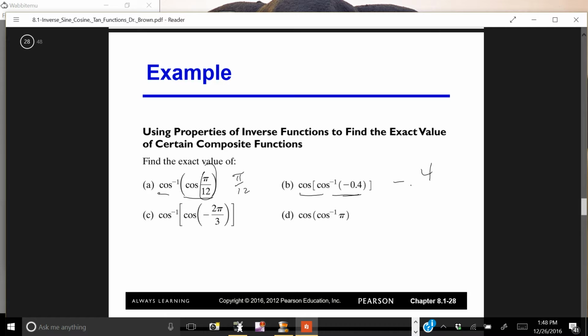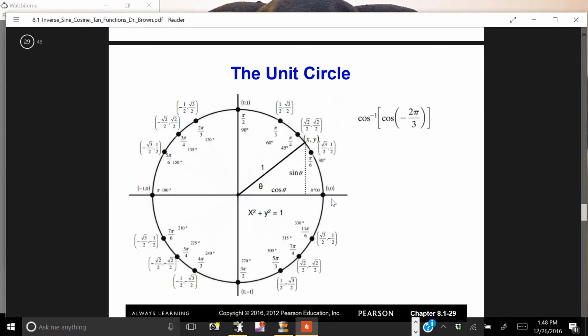But notice that for number C, the angle is not between 0 and pi, but we need to find an angle that's between 0 and pi whose cosine is the same as the cosine of minus 2 pi over 3. So notice that looking at the negative values of theta, here is 2 pi over 3, here is minus 2 pi over 3.